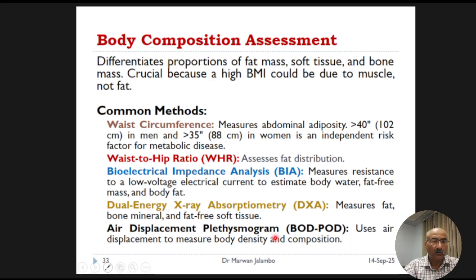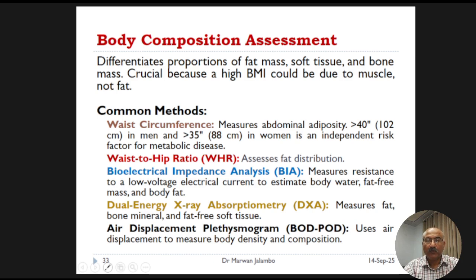There is also dual energy X-ray absorptiometry, DEXA, which uses a low dose X-ray to precisely measure fat, bone minerals, and fat-free tissue, and also air displacement plethysmography.